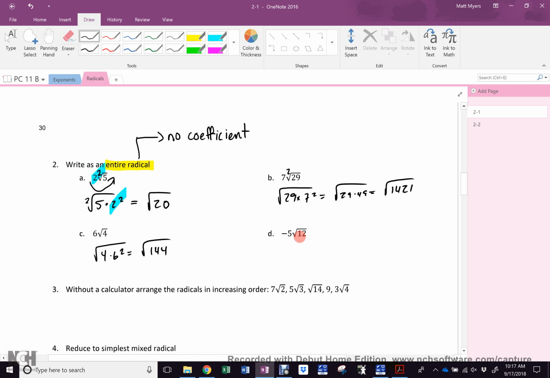And what's D? D is very tricky. Who has an answer for me? Negative root 300. Why?